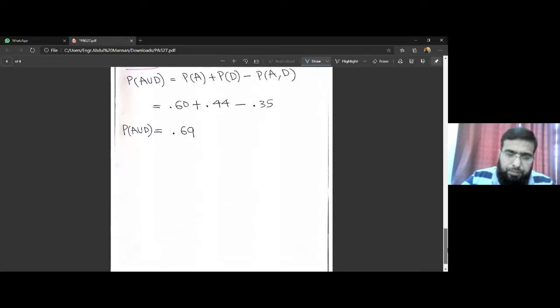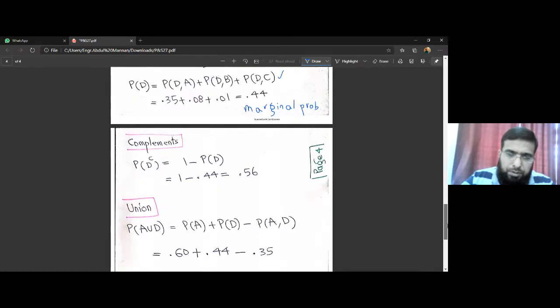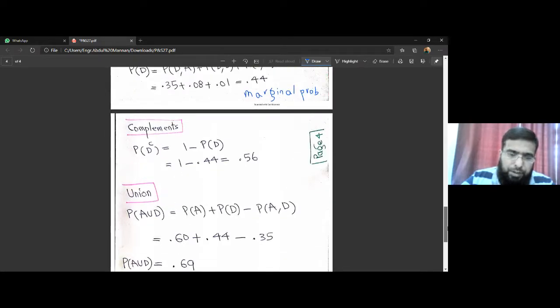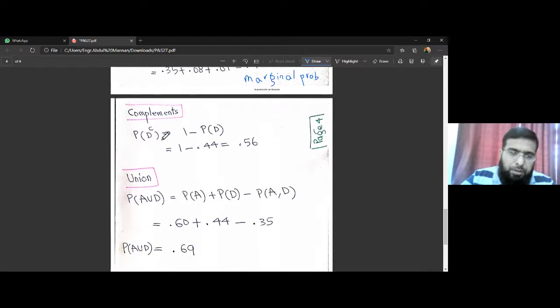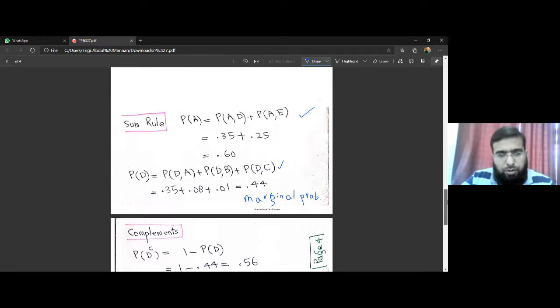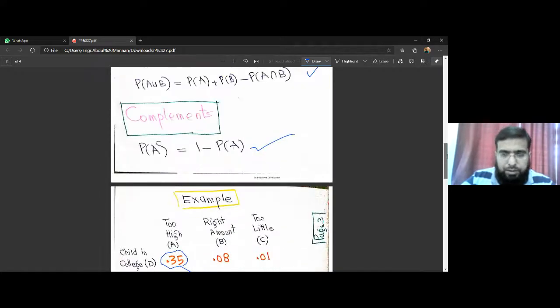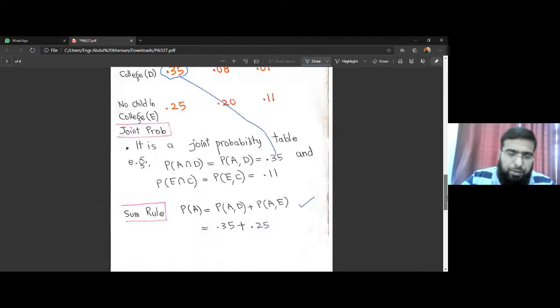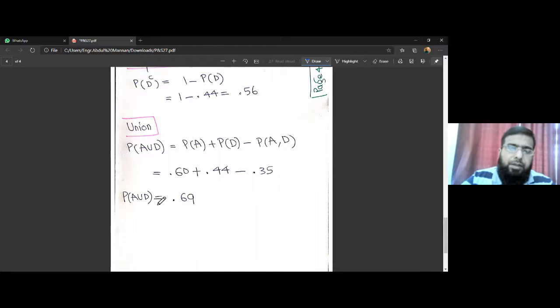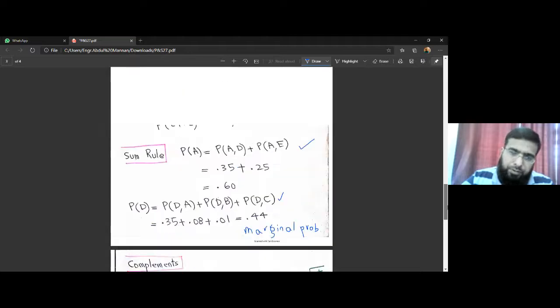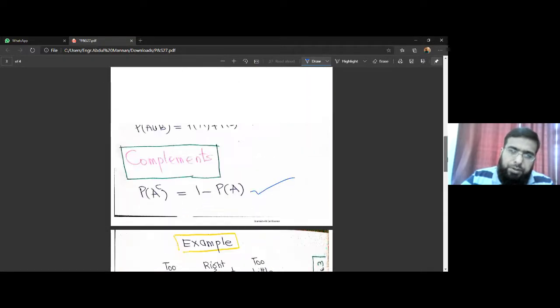Right, and now we are moving towards the end of this lecture. Complements. Probability of D's complement, of course, would be 1 minus probability of D, because we have already studied that in this lecture as well as in the last lecture. And finally, probability of union. Probability of A union D. We studied the expression for the probability of union of two events.